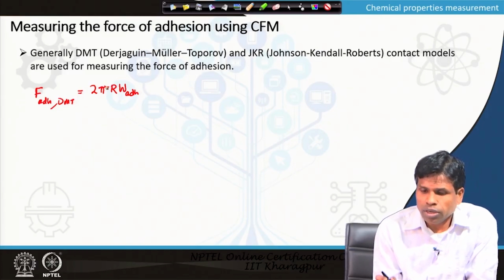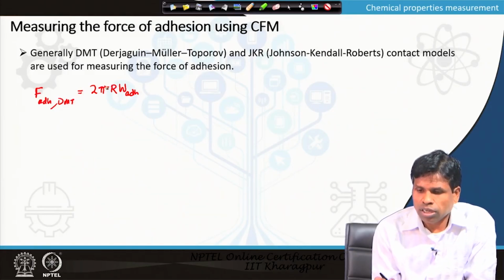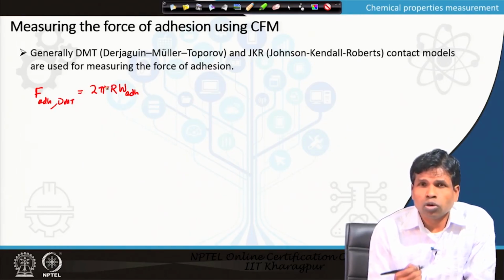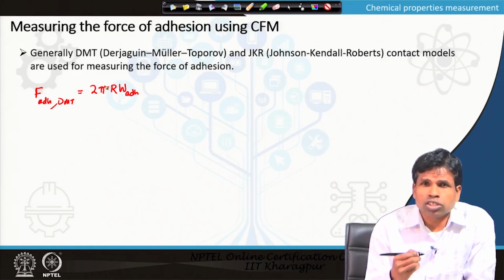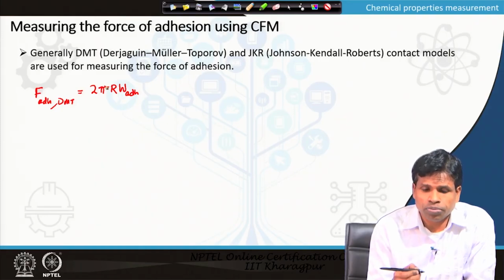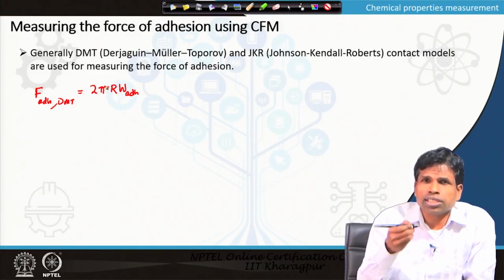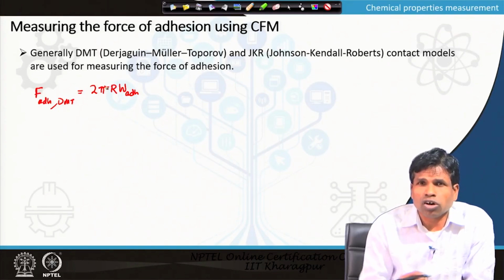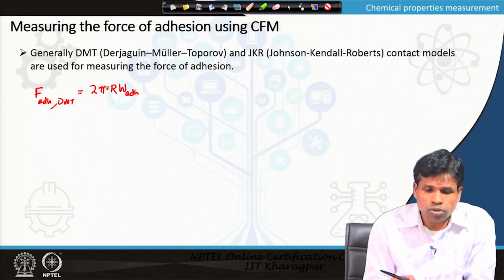We have another model, the JKR model, or Johnson-Kendall-Roberts model, which takes into account a strong adhesive force where a spherical tip makes a strong stress or bonding with the sample surface, and then it is detached. In that process deformation occurs at the interface, and thus more area is taken into account.